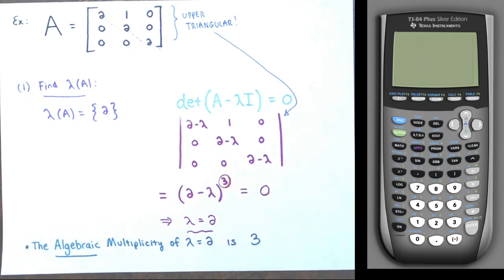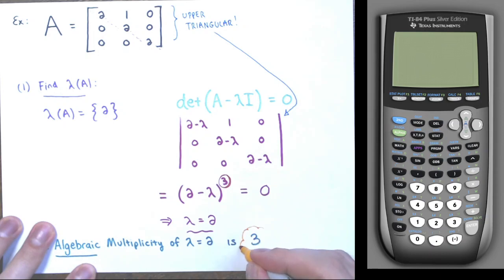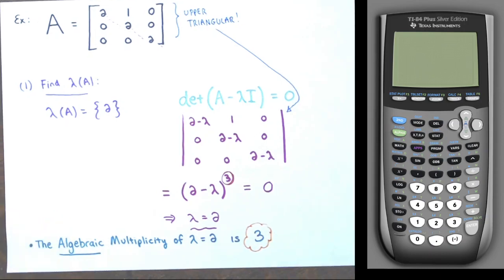Again, just count the number of factors of the characteristic polynomial that particular eigenvalue would make 0. Okay, wonderful. So I found all the eigenvalues, just the number 2. I have stated the algebraic multiplicity of this eigenvalue, which is 3. And now we can move on.